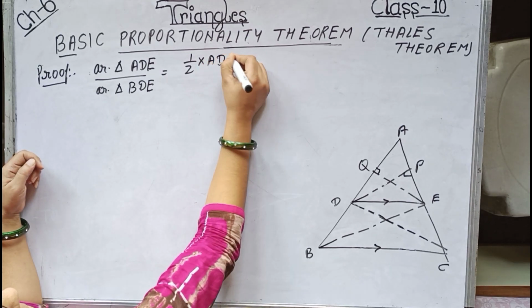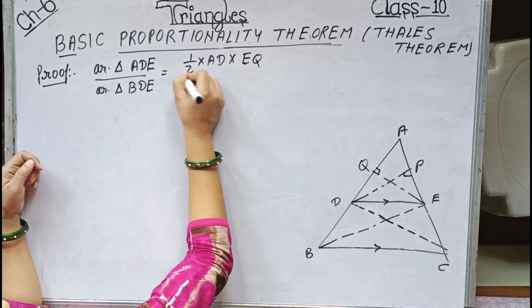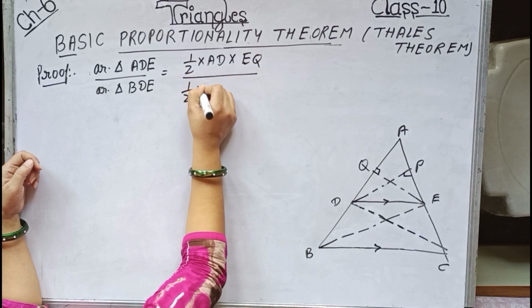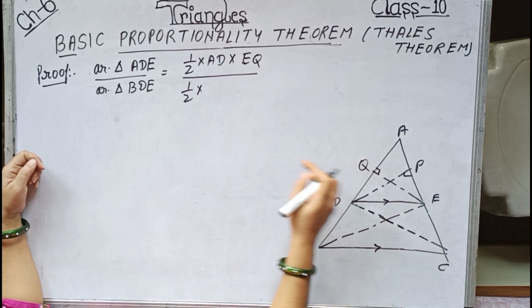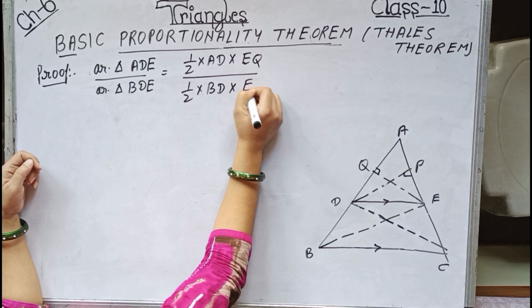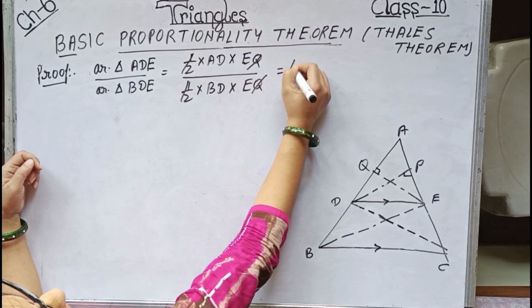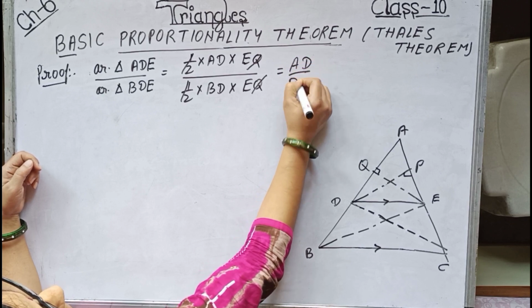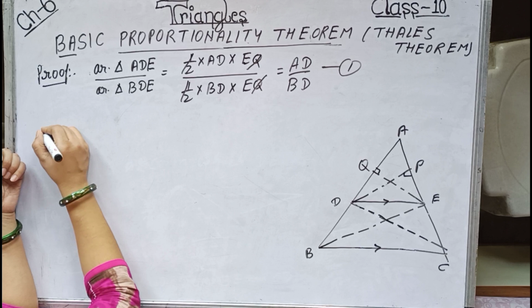Then I can write this area as half into AD into EQ. Now for triangle BDE I am taking BD as the base and perpendicular EQ. So half into BD into EQ. This EQ will be cancelled, half cancelled, and we are getting AD by BD. Let us make it equation number 1.